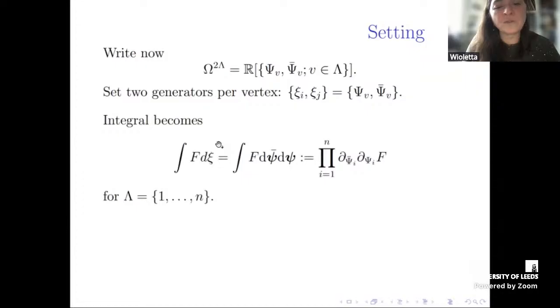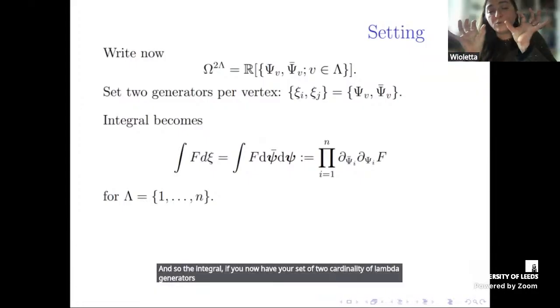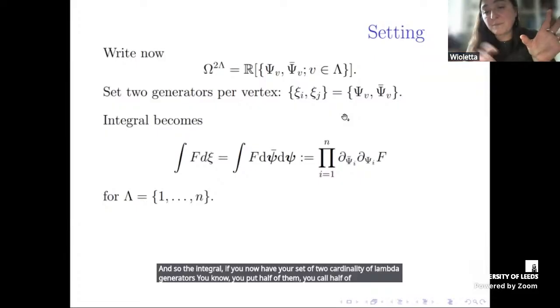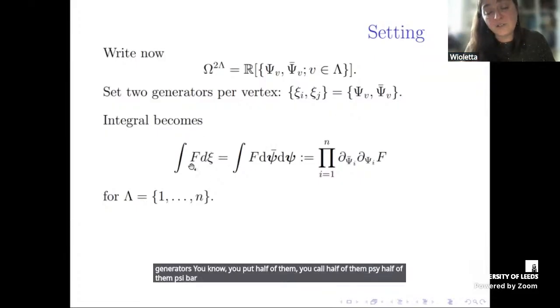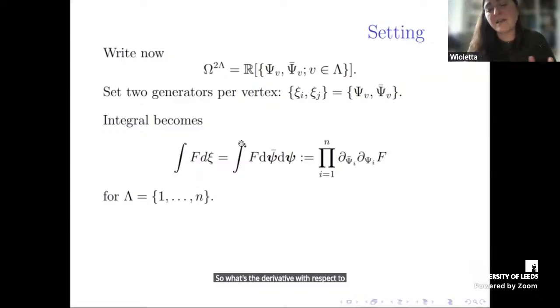And so the integral, if you now have your set of 2 cardinality of lambda generators, you put half of them, you call half of them psi, half of them psi bar, then your integral, which remember was just the derivative with respect to now all ordered pairs.